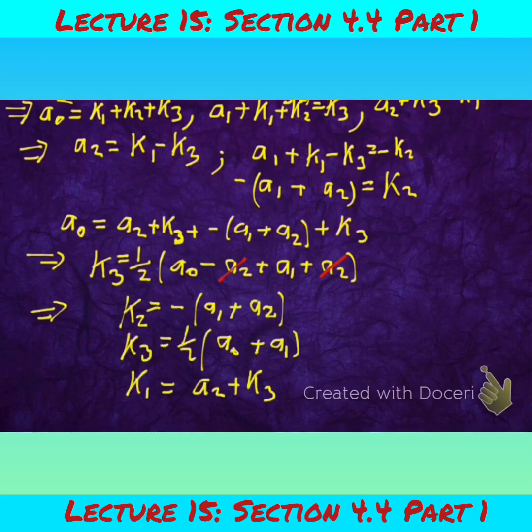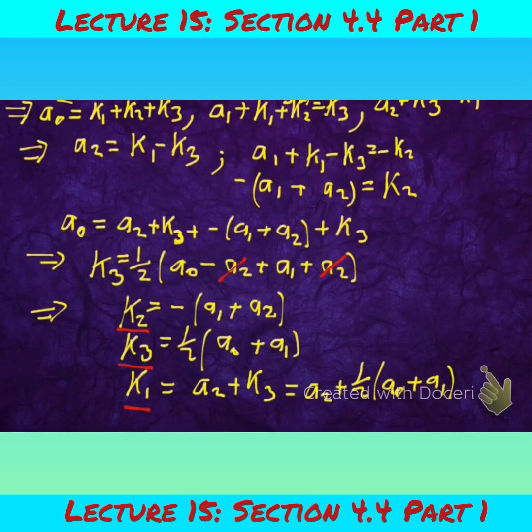All right, so remember that K1 is A2 plus K3, and so we can just do the substitution and solve for K1. So we've solved what scalar K1 needs to look like, what scalar K3 needs to look like, and what scalar K2 needs to look like. So what's the moral of the story here?